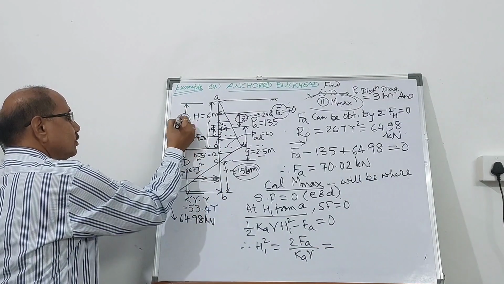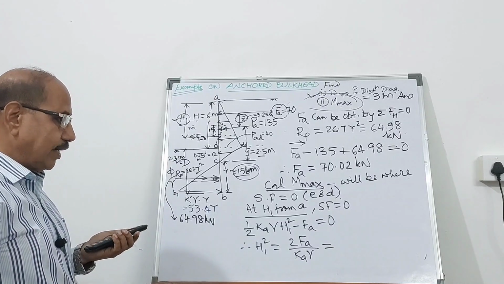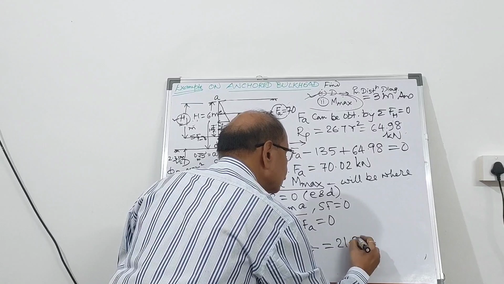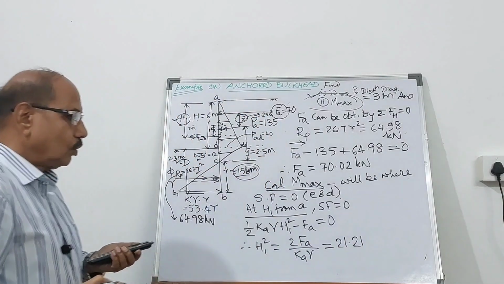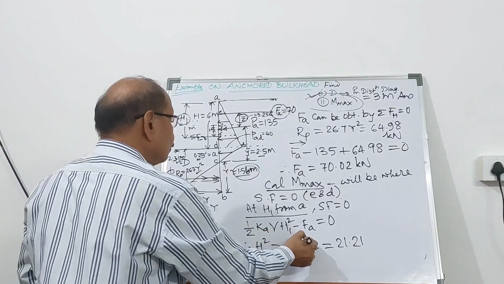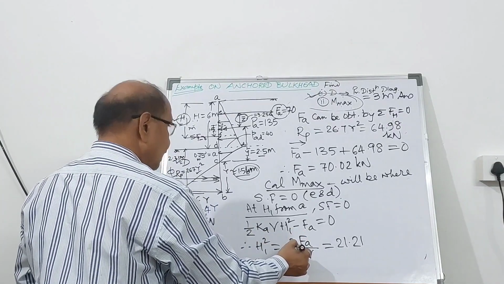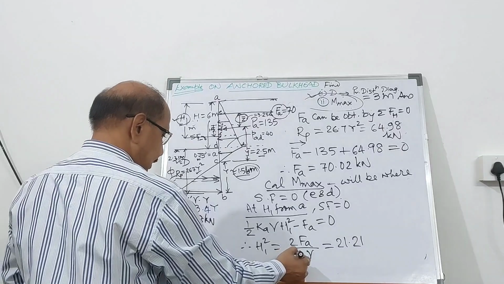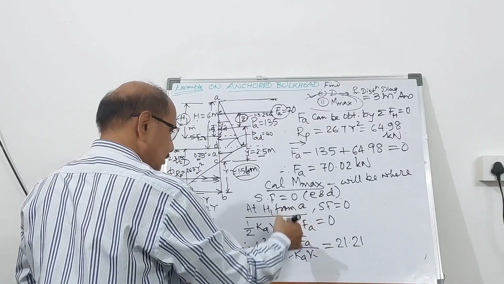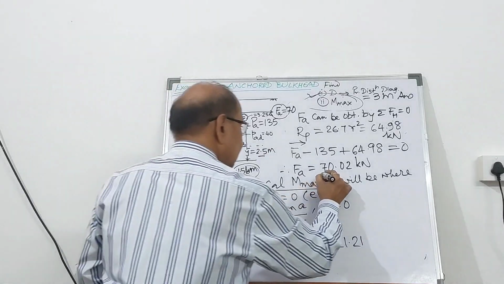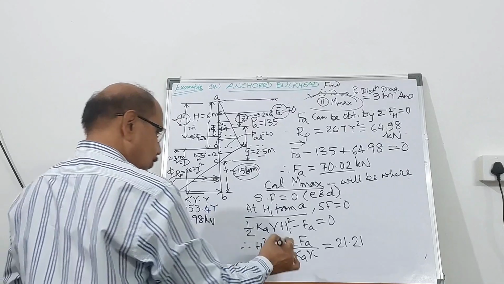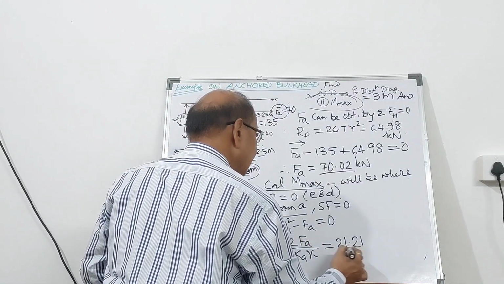So this H1 we will be able to calculate, and this is going to be 21.21. So 2 into FA is already known to you, 70.02, divided by K is 0.33, gamma is 20. So just substitute all the values and you will be able to get H1 square.